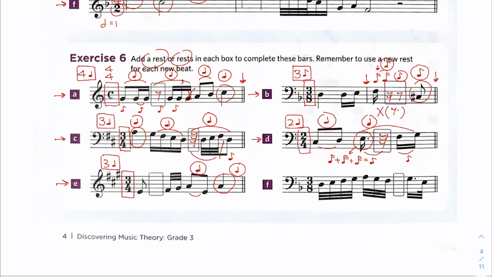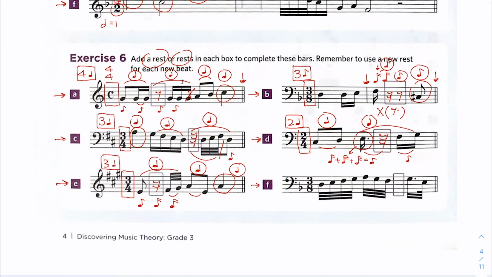So there are 2 crotchets already, meaning all these together would make 1 crotchet beat. So this here is a quaver. These 2 demisemiquavers make 1 semiquaver. So here we are missing 1 semiquaver. So we can just put in a semiquaver rest.